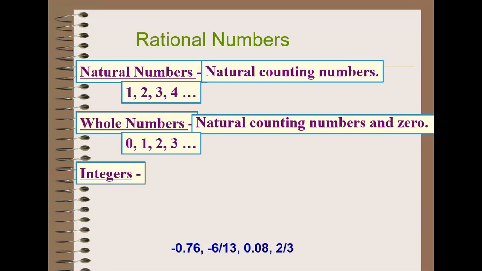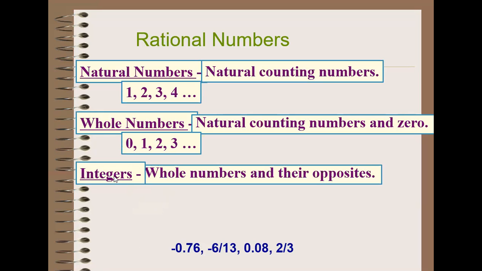No. Gaining weight means positive, increase. Losing weight means negative, decrease. For this reason, we are going to expand the set of numbers to make a new set called integers, which is whole numbers and their opposites.